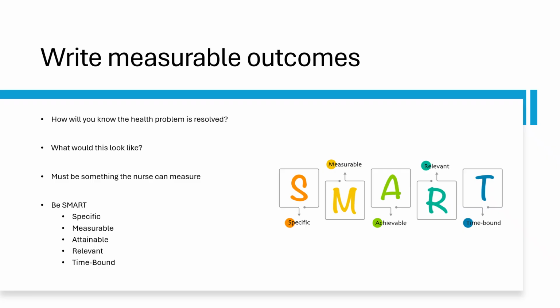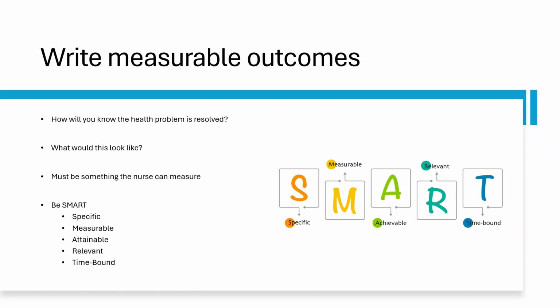A well-written outcome includes a subject, usually the patient, a verb, the action the patient will perform, such as define, list, explain, verbalize, demonstrate, apply, choose, or describe. It'll include a condition, the circumstance under which the outcome will be achieved. This is optional but useful.